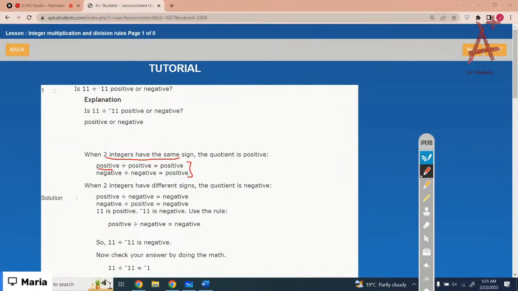When two integers have different signs, the quotient is negative. Like if one of them is positive and one of them is negative, the quotient must be negative. Got it? You can just look at the example.